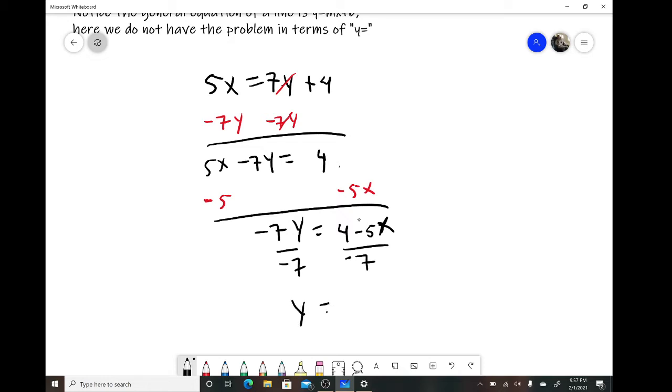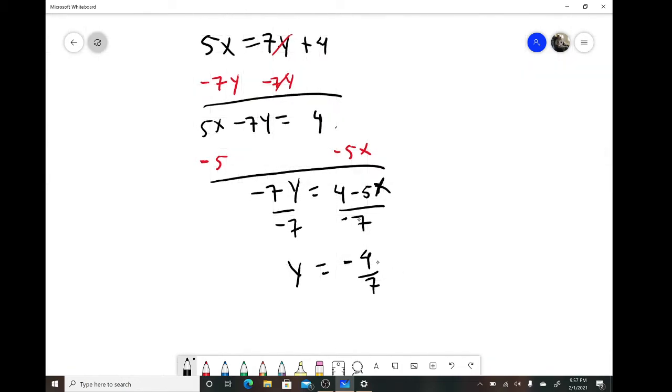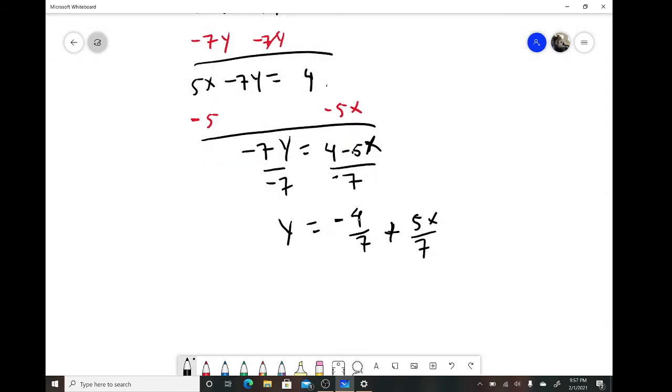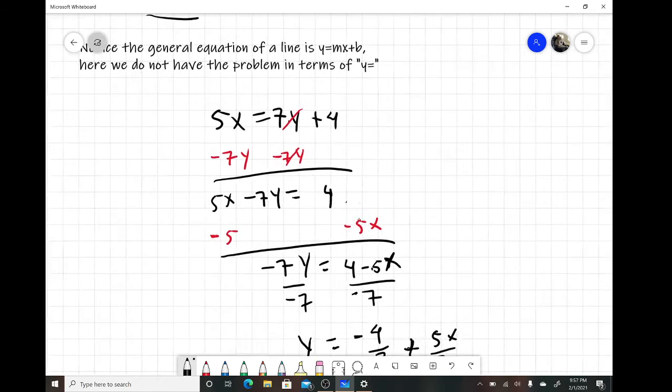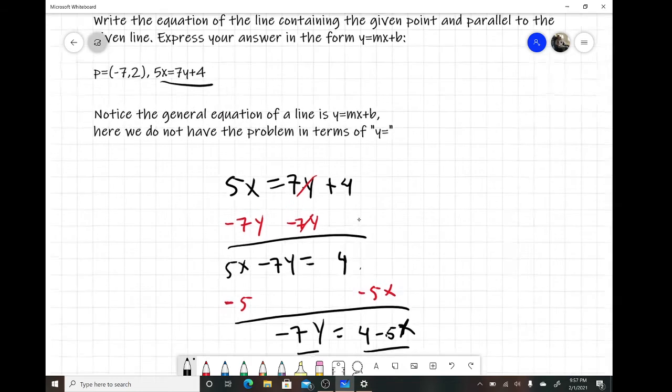So we have that y equals negative 4 over 7. It doesn't matter where you write the negative, you can write it on top, the bottom, or the middle of the fraction. Equals plus 5x over 7. Remember, minus divided by minus is plus. So now we have rewritten the problem in terms of y equals mx plus b.